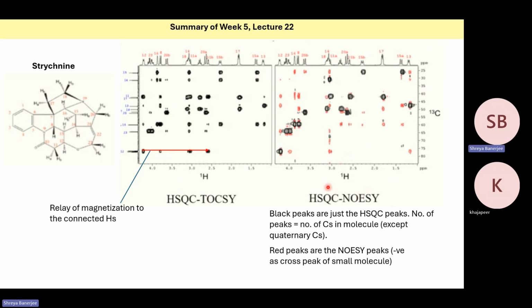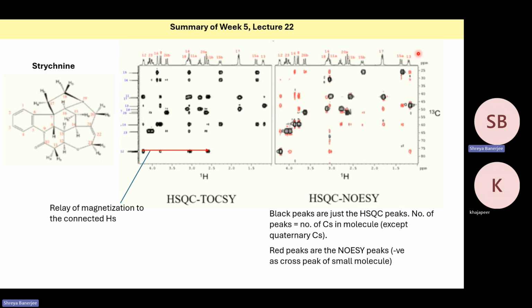If you look at the HSQC NOESY spectra, you will see that the peaks have two different colors. Two different colors basically signify two different signs, that is, they are antiphase. So the red peaks are generally negative and the black peaks are generally positive.